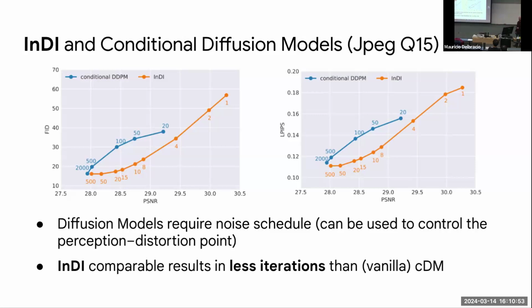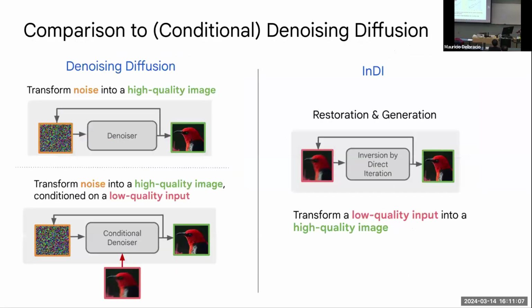Any question? Yeah. Sorry. So my question is, the difference of conditional DDPM and InDI is that in DDPM, usually we concat the condition into the noisy vector, or we do some other methods like cross attention.